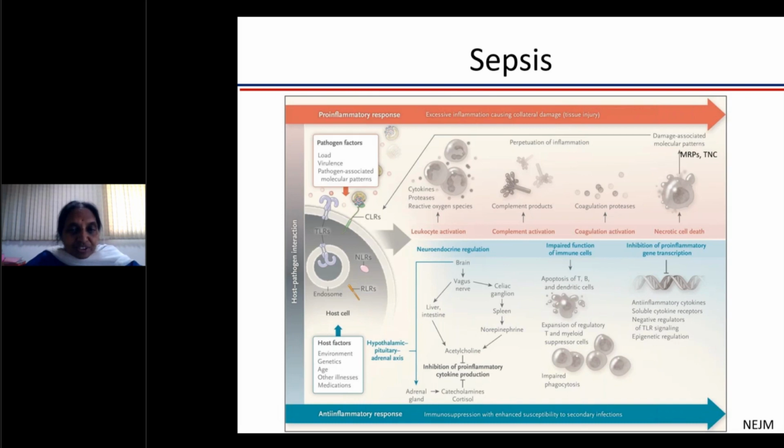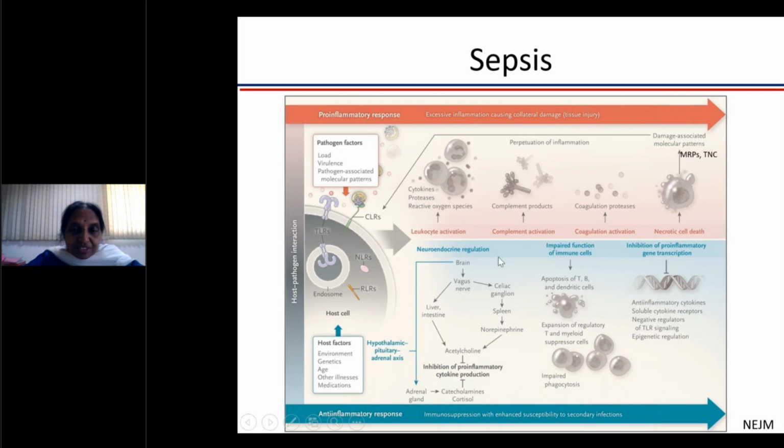Their regulation is defective. They have expansion of regulatory T cells or suppressor cells. Because they get much more of these regulatory T cells and myeloid suppressor cells, they are not able to control the infection. Plus, anti-inflammatory cytokines and soluble cytokine receptors get upregulated.